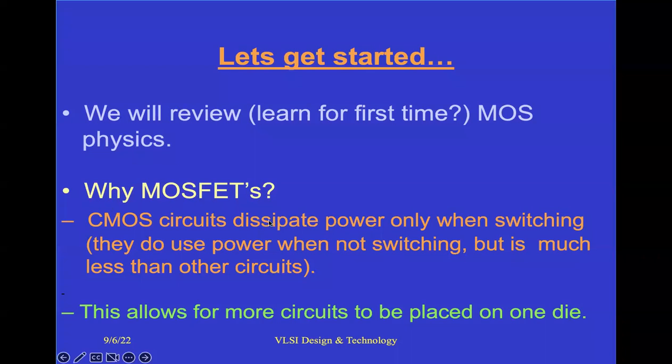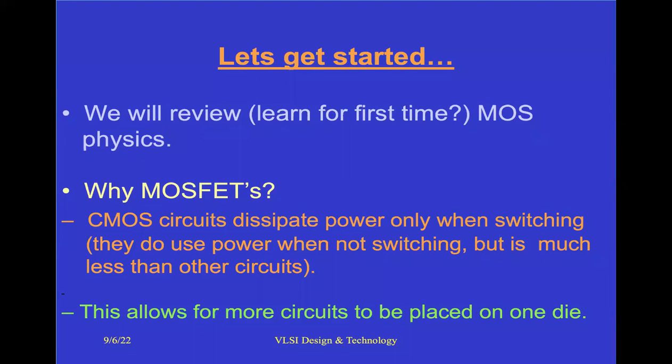So CMOS circuits dissipate power only when switching. They do use power when not switching, but it is much less than other circuits. So that's why we have selected MOSFETs. Only during operation, MOSFETs consume power. And when they are in their idle state, when they're in their static form, right, they do not consume any power.